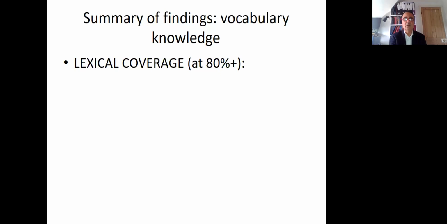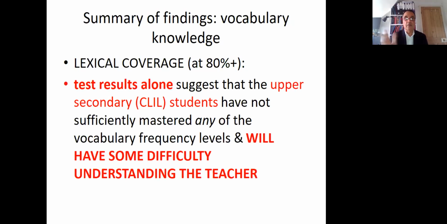If we take adequate lexical coverage at 80%, in other words, you need to know at the very least 80% of the vocabulary that the teacher is using, then those students in Italy, upper secondary CLIL students, 17-year-olds, the last year before university, did not have sufficient vocabulary to understand what the teacher was saying, not at the adequate understanding level.